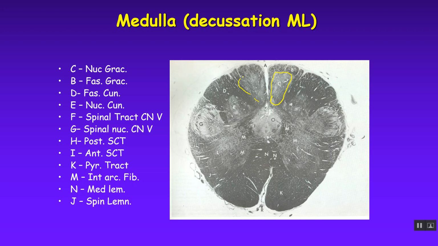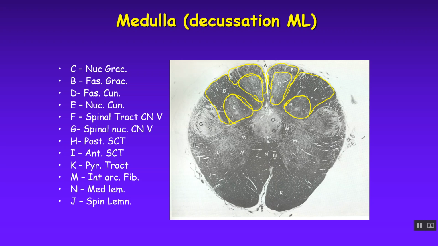So that's the nucleus gracilis, the lighter structure. This is the nucleus cuneatus, this area right here. The darker areas, the fasciculus cuneatus, and then this darker area here, B, that's the fasciculus gracilis, and fasciculus cuneatus right there.